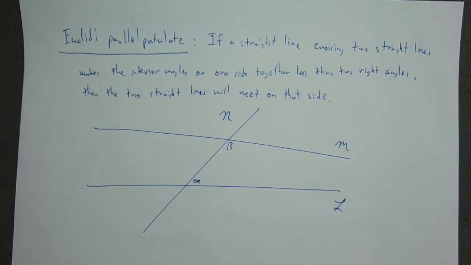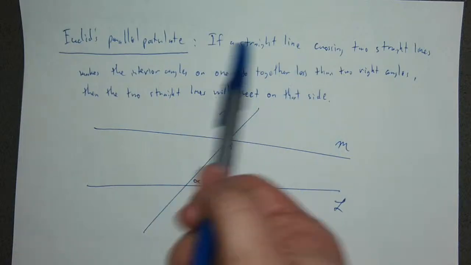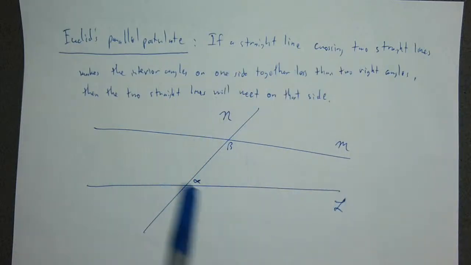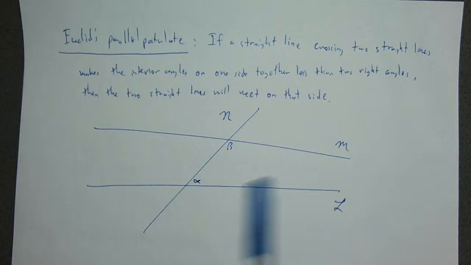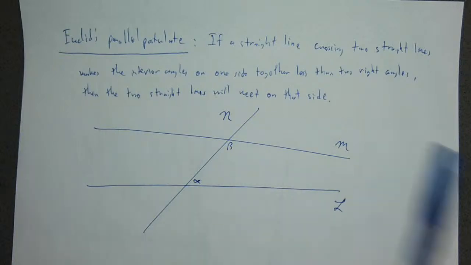Now, you might look at this arrangement and say, how could this work out in any other way? You might even torture yourself by drawing various configurations here over and over again, and you just say, I don't see how it could be any other way, right? Why do I even need to assume this? It just seems like this is always true. If I have the same idea of what a line is and what angles are, it just seems like this always works out like this.